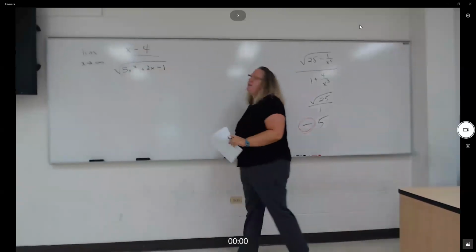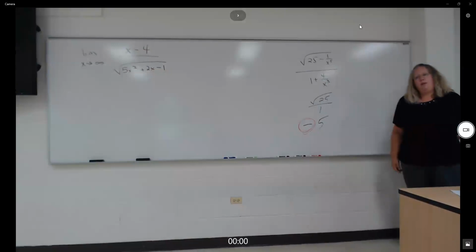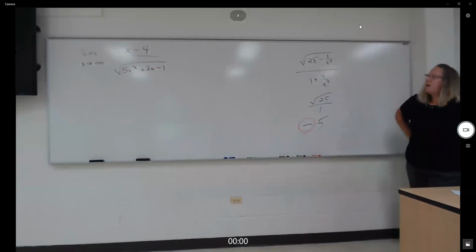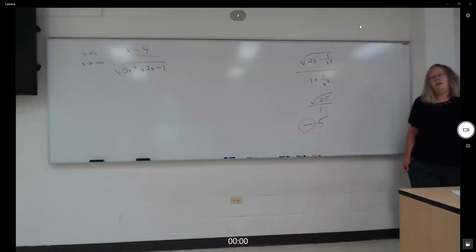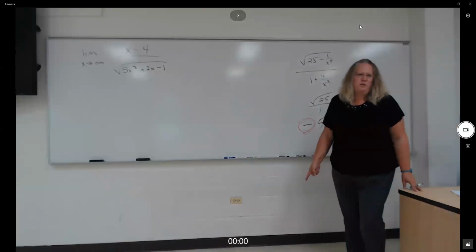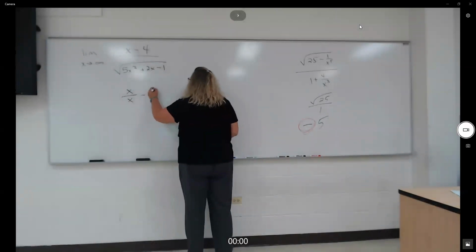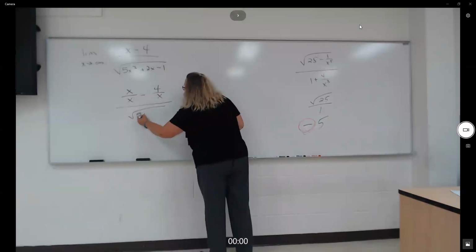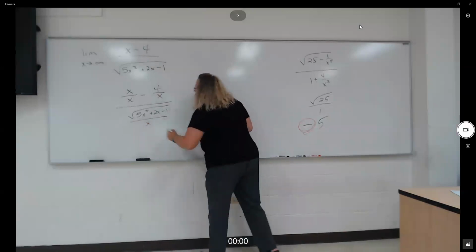Now, kind of the same thing. Because it's in a square root, I'm not actually going to divide everything by x squared. I only have to divide by x to the 1st. I'm going to divide this by x to the 1st, this by x to the 1st, and then I'm going to divide this whole thing by x to the 1st.